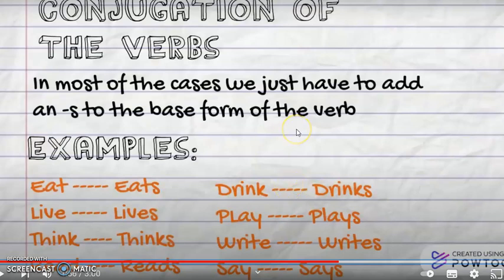Okay, so here we have the first conjugation rule. In most of the cases, we just have to add an S to the base form of the verb. For example, eat, eats. This is the infinitive form.